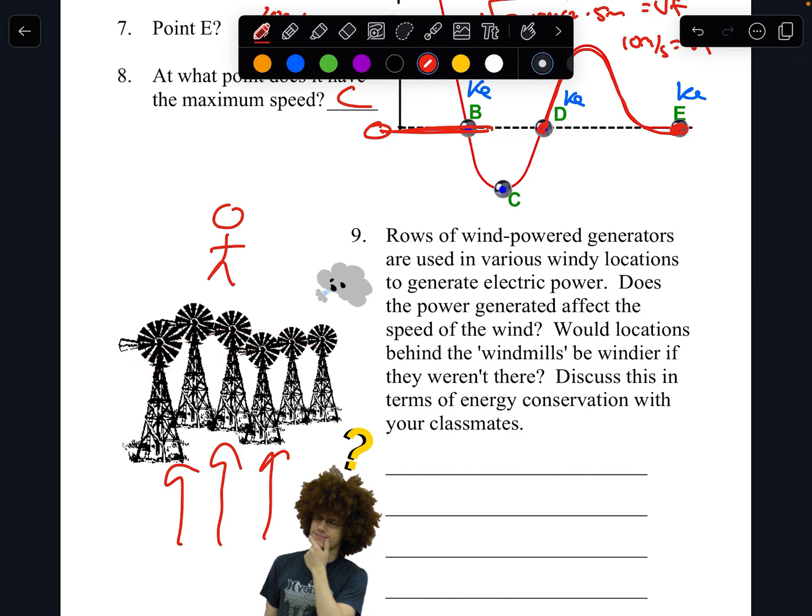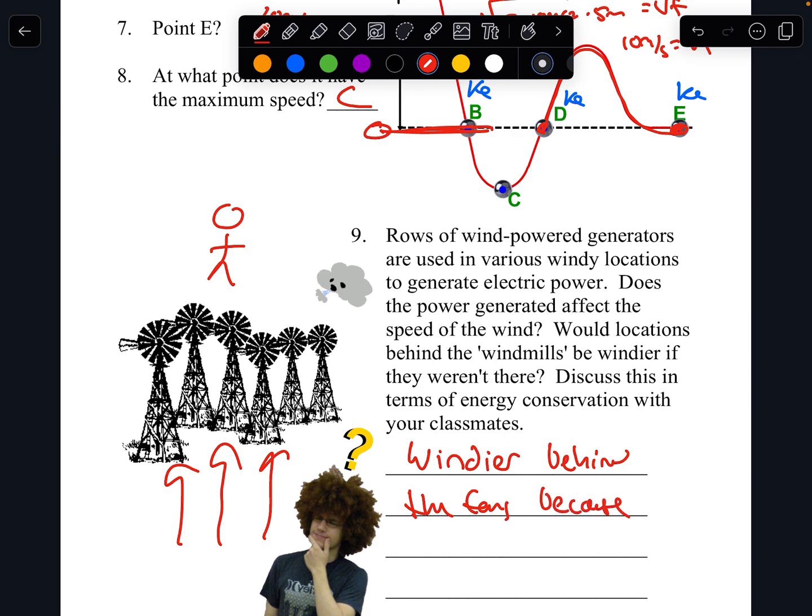So basically, our wind is losing motion when it encounters the fan. So if we remove the fans, our wind will continue to have kinetic energy. It will continue to have its motion.